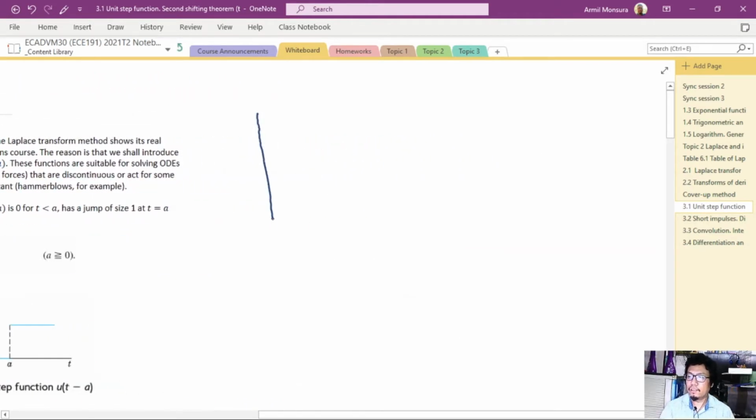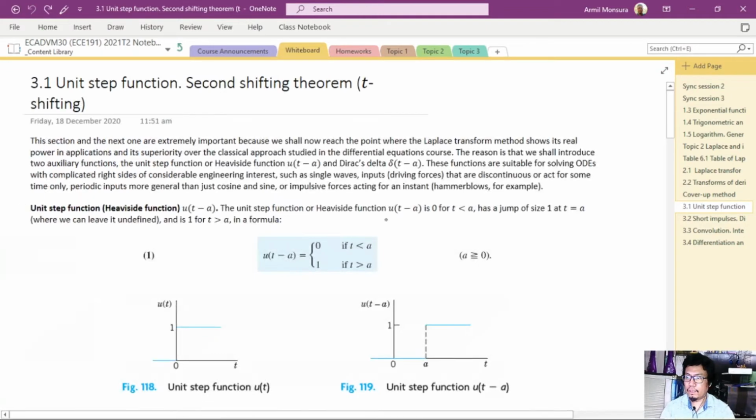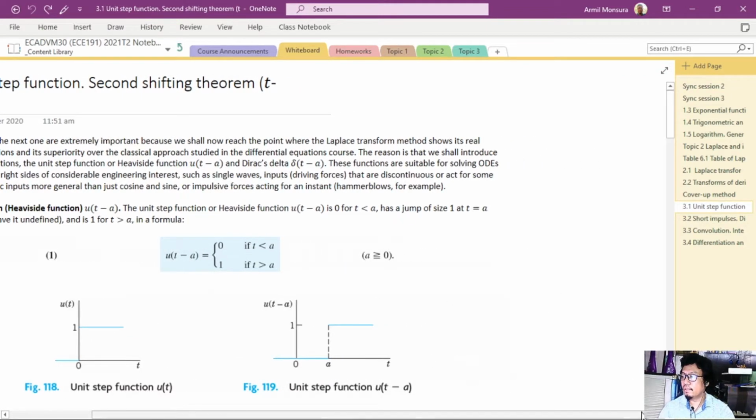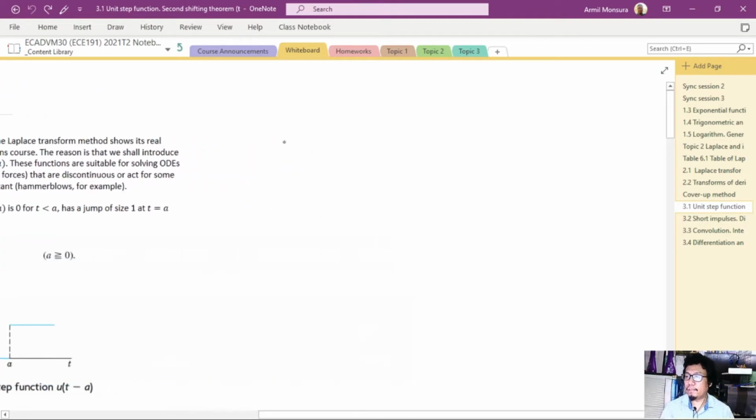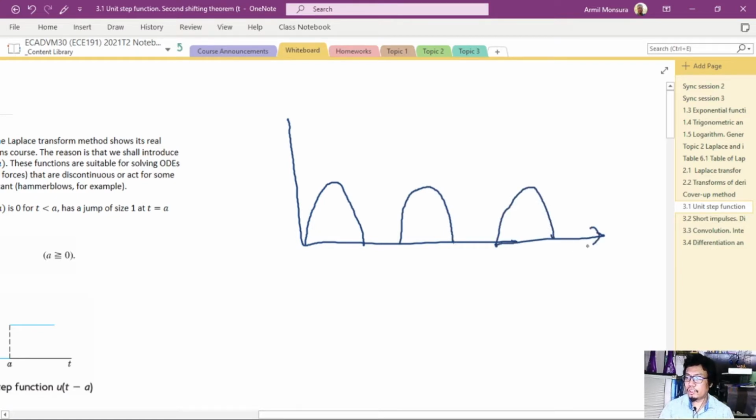This half wave rectified signal is basically a sinusoid that is cut off of its negative values. As you can see, these are sinusoidal pulses that periodically come out for a certain duration.